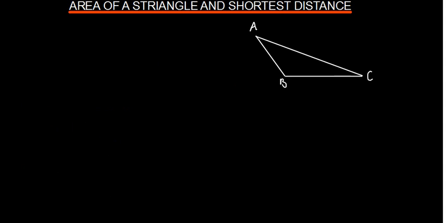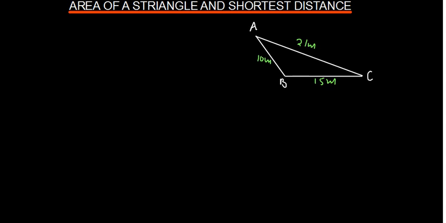Now, let's say we have this one here. Let's say they've not given us an angle. They've given us this side, let's say this is 21 meters, and then this is 15 meters, and then this is 10 meters.